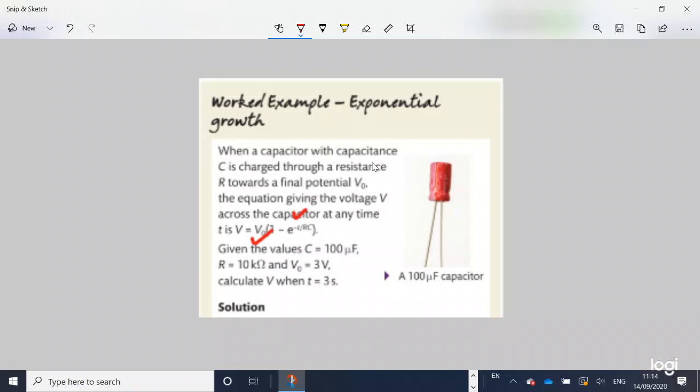So yes, everything should be in SI units, so it will be in farads. So don't put 100 in there. Now those who are physicists, what you will have to do in the exam is to know that micro and kilo will cancel out by a factor of power 3. So that's -6, and that's 10 to the power 3. So when you times them, it's 10 to the power of -3, basically.